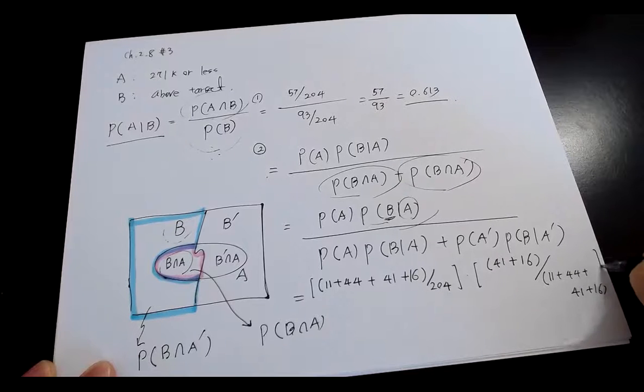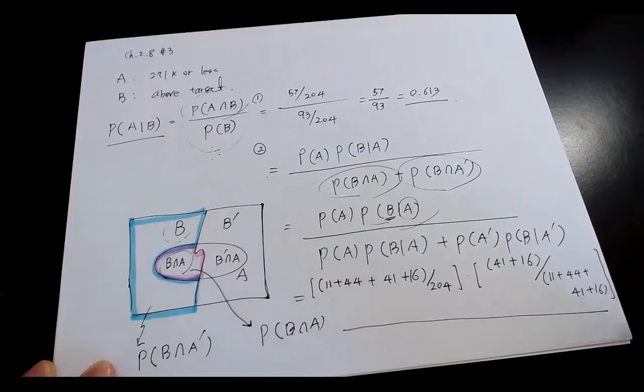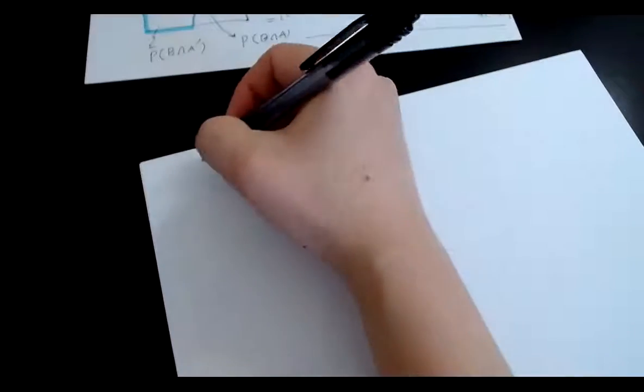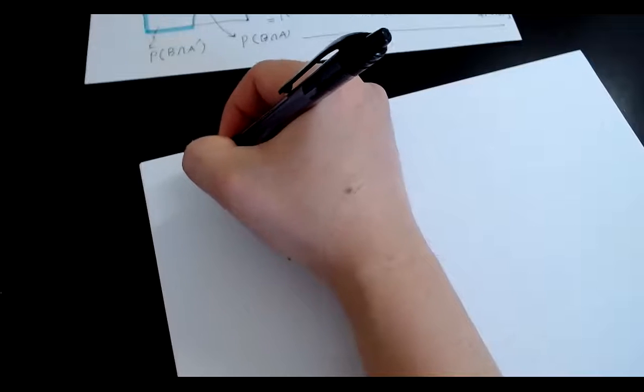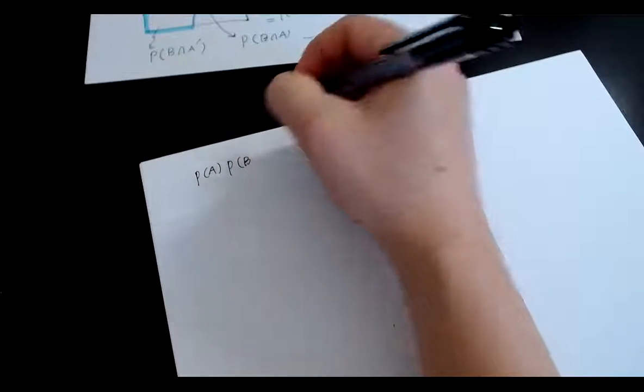That's the numerator. Divide by, I need more space, so let me copy this one onto the next sketch paper. So P of A times P of B given A. Give me a second.